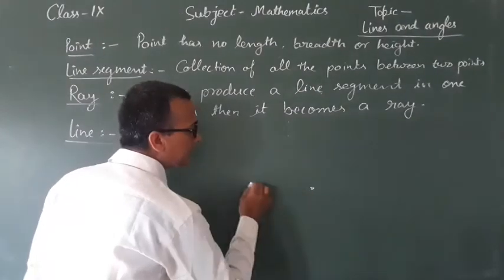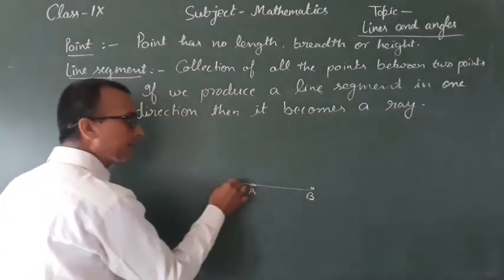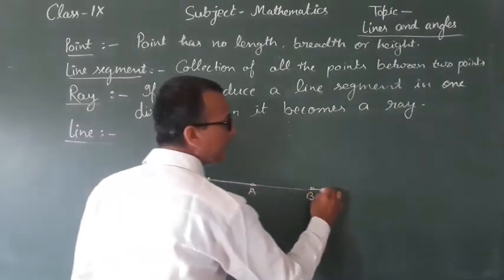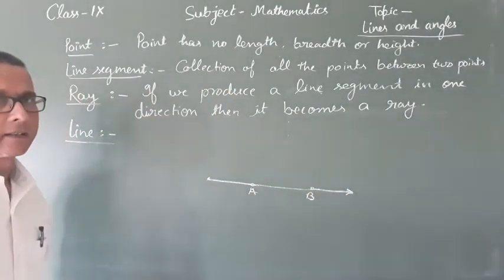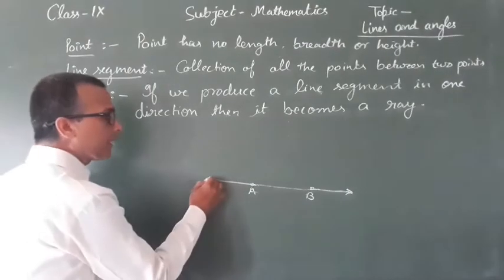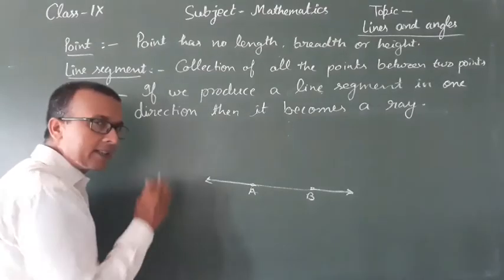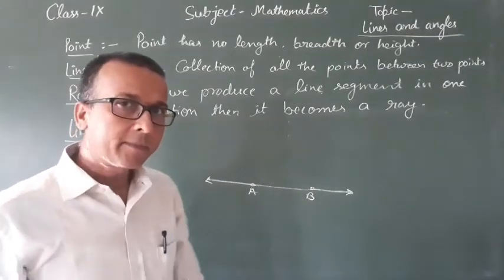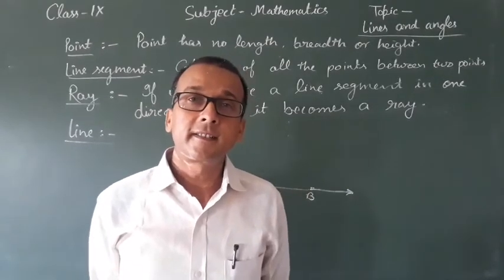What is a line? It is a line segment, and if we produce the line segment in both directions, then we get a line. A line has no end point or starting point. And you remember, students, about the number line.